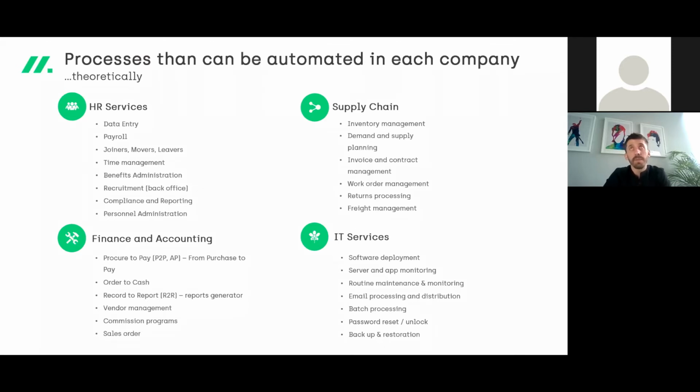From my experience, I can say that most of the processes are done in this part of the business. Then another good part of company operations is supply chain, and we can also consider some processes in IT services.